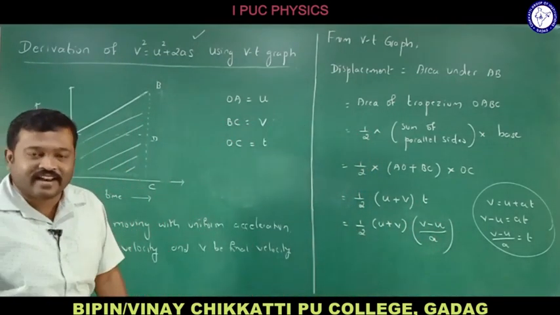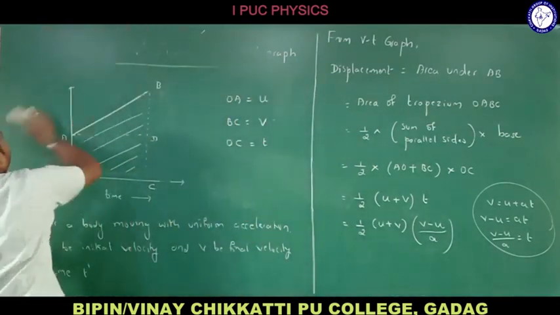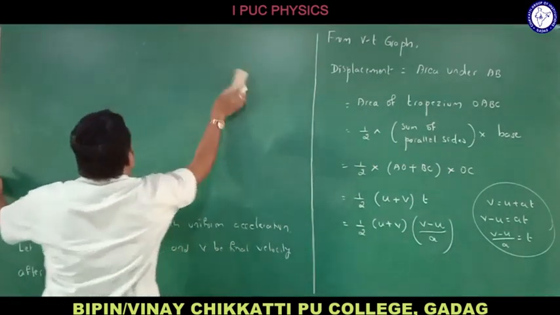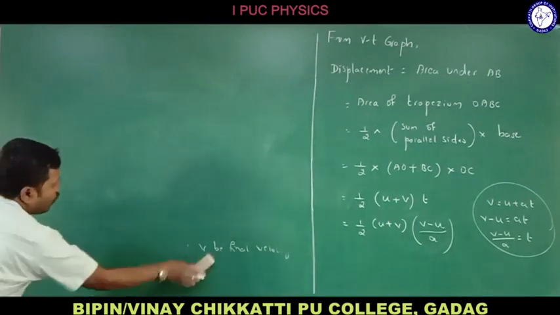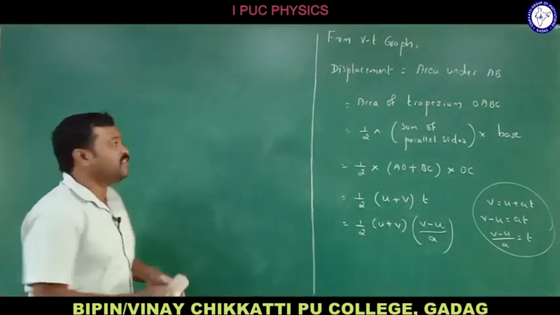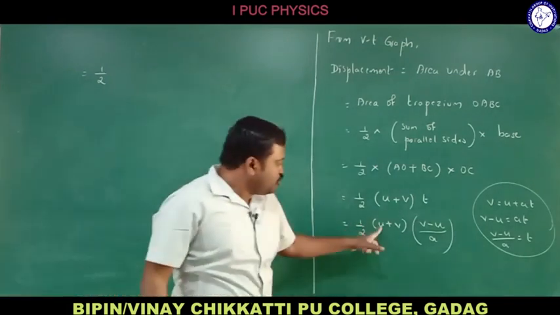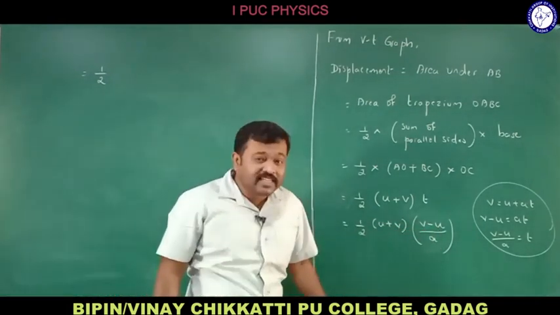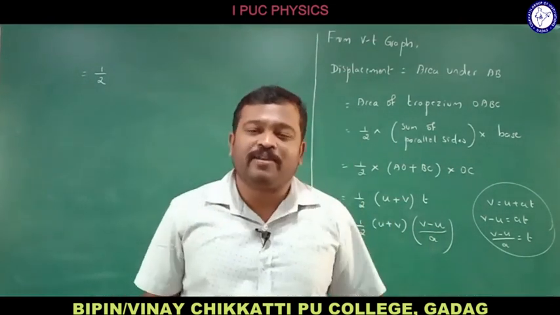Yes. Now let me continue. So if you see this, just observe that. That is equal to half, u plus v, and v minus u. Is it similar to a plus b, a minus b? Yes. What is the formula for a plus b into a minus b?